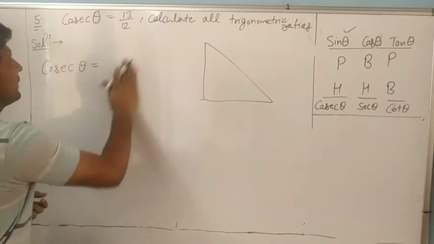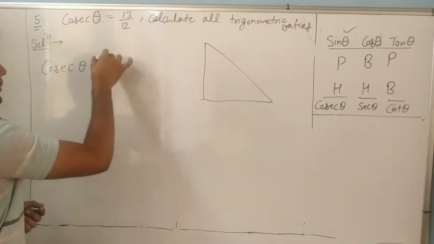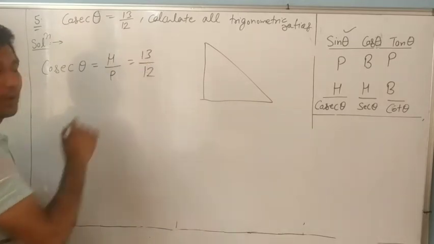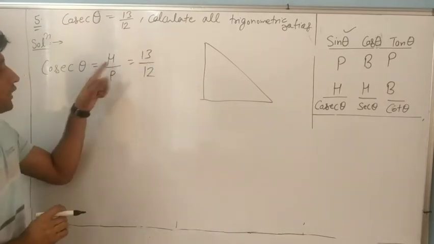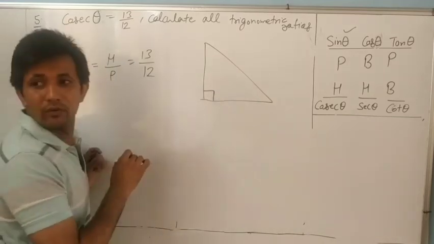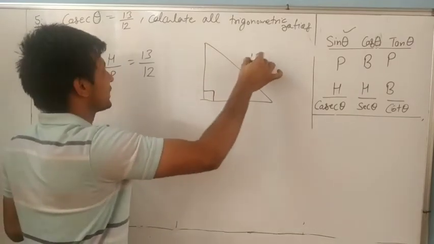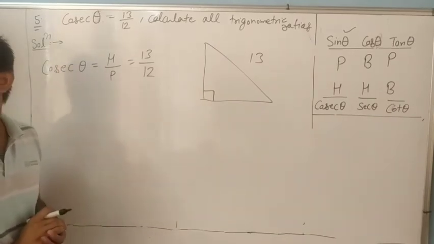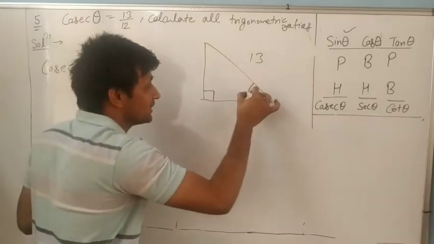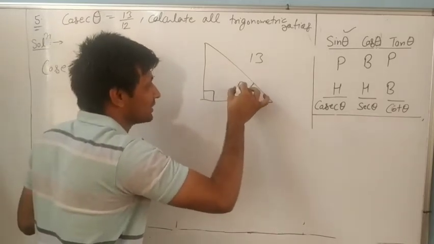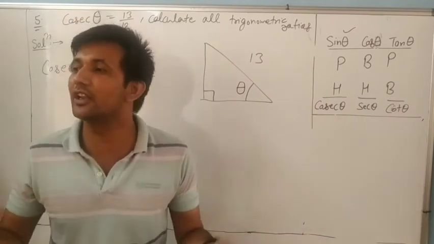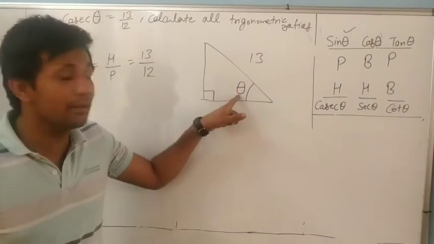So you can write hypotenuse divided by perpendicular. How much? 13 upon 12. And hypotenuse is always opposite of 90 degrees, so it is 13, and perpendicular is opposite of the angle. What is the angle given?